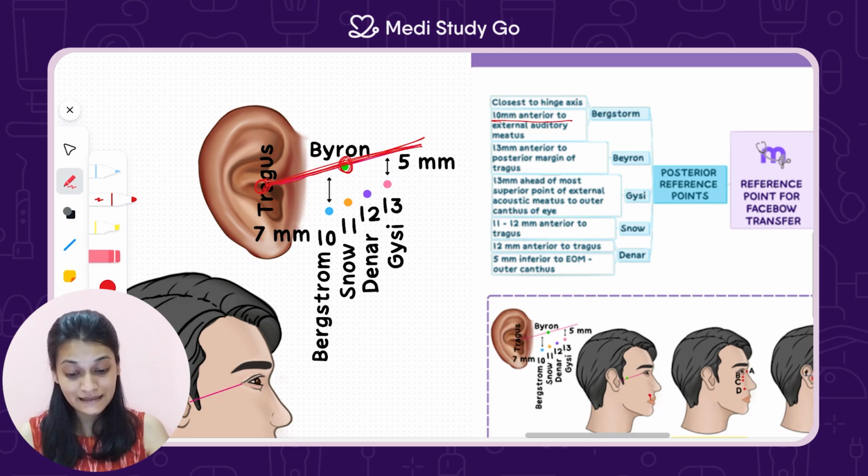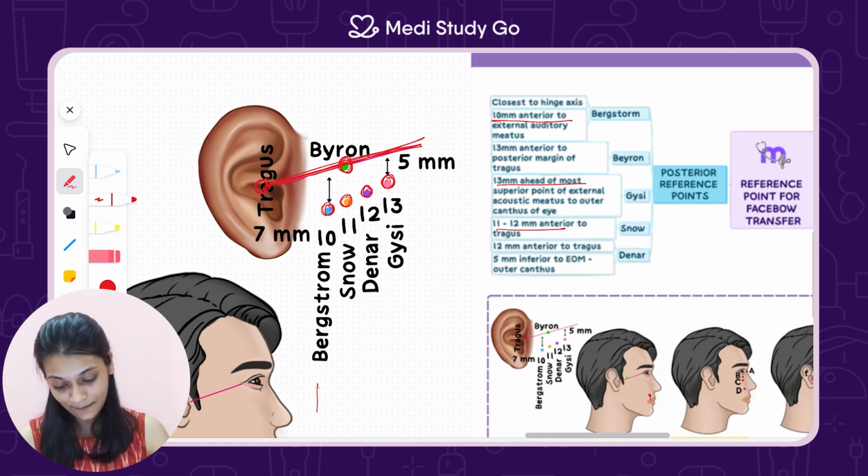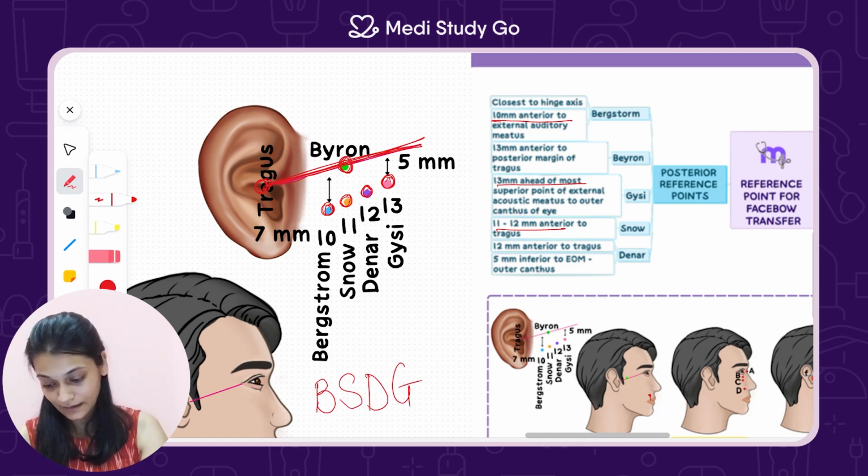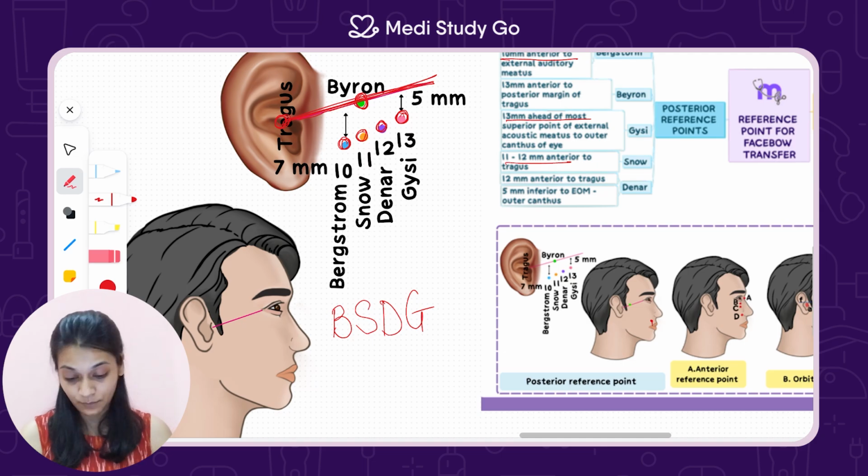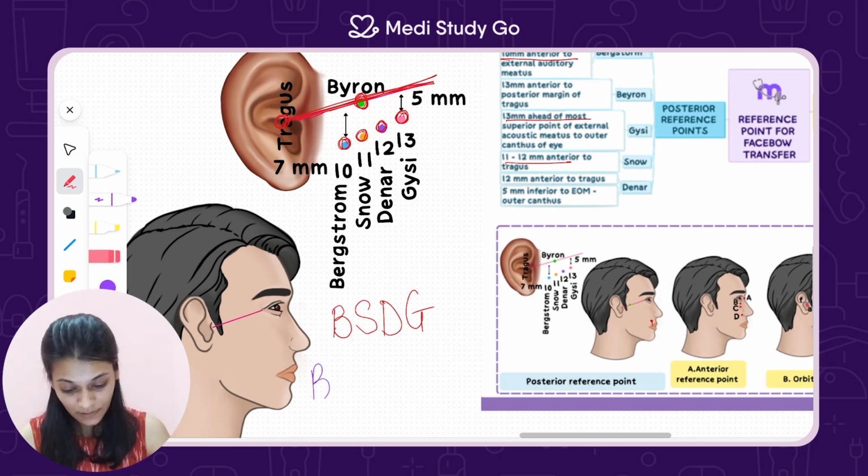Bergstrom is located 10 mm anterior. Can you see this? Then Gysi is located 13 mm ahead. So it's here. Snow is located 11 mm ahead. Denar is located 12 mm anterior. So you can remember this by B, S, D, G. Let's remember this by a mnemonic which says be soft, do good.